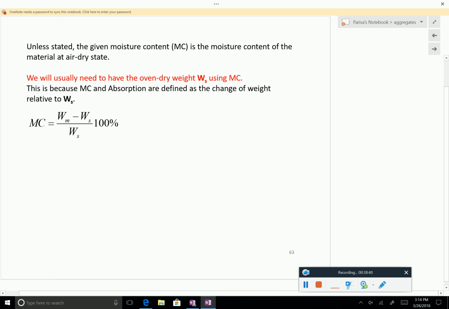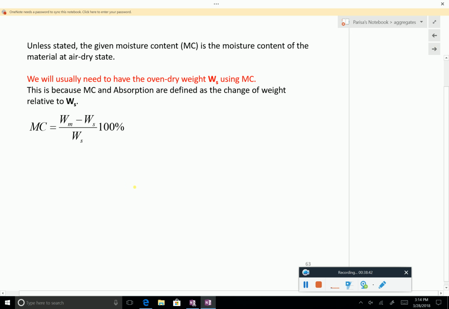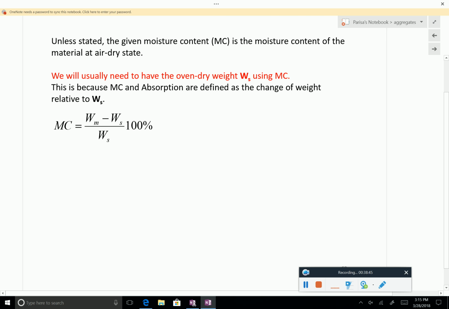So I've written it up here. Unless stated, when you get the moisture content, it's the air dry state. So let us start. First, let's start with the fine aggregate. The moisture content is 2%. What is the dry weight?